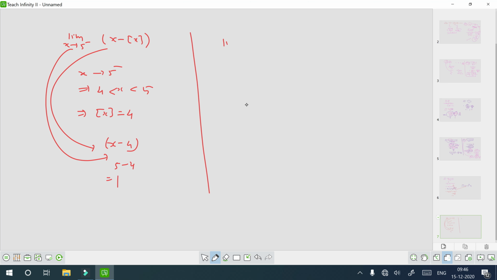Next one, limit x tends to pi by 6 of root 3 tan x minus 1 over x minus pi by 6. One minute, please see here. Let us recall those standard forms. Limit x tends to a, sin x minus sin a over x minus a, of course is an example, but its answer is sin a.